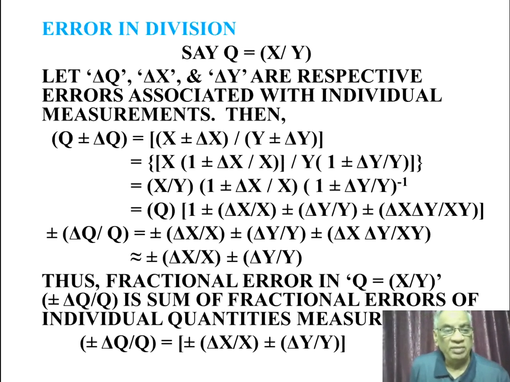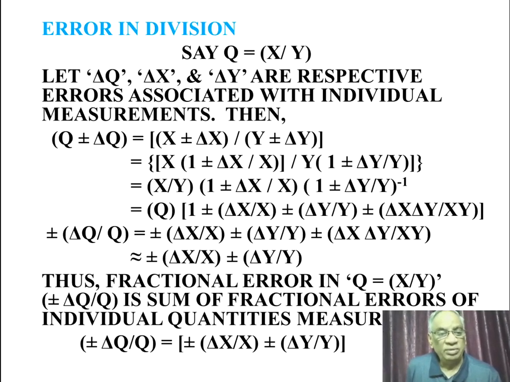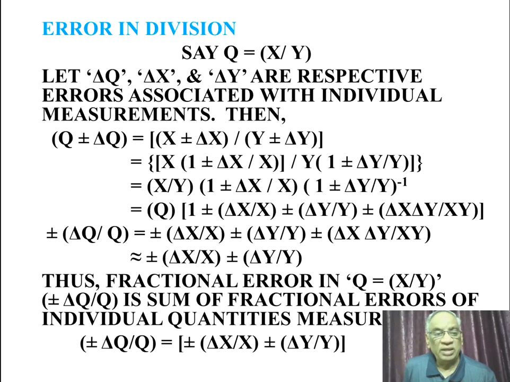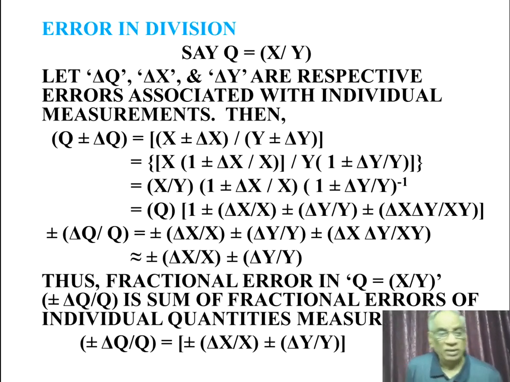Similarly, if you see the error in division, say q is equal to x by y. Again, if you do the calculations, q plus minus delta q is equal to x plus minus delta x divided by y plus minus delta y. So if you do some simple manipulations, you take out x and take out y, then the x by y term will come out, and 1 plus minus delta x by x times 1 plus minus delta y by y to the power of minus 1.